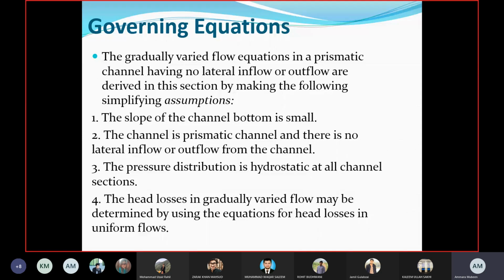You might have studied these two equations to determine the uniform flow depth. So we'll be using those equations to get the uniform flow depth.